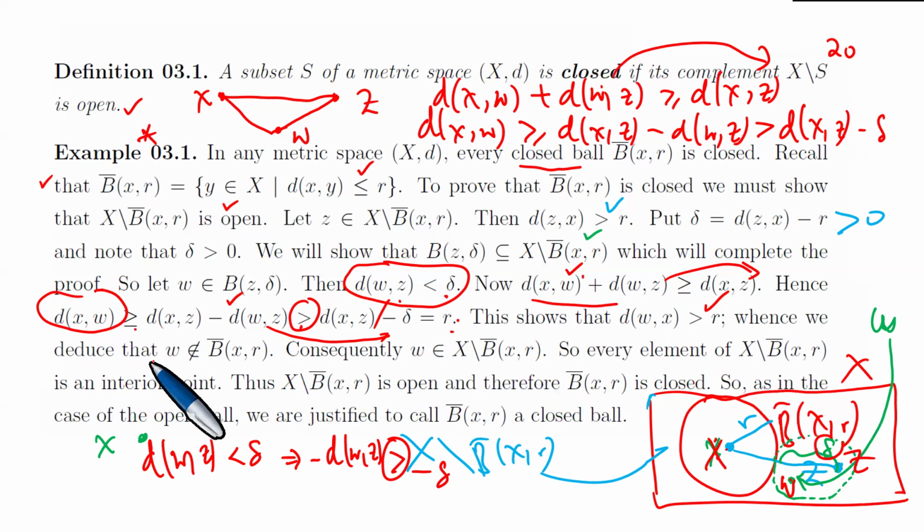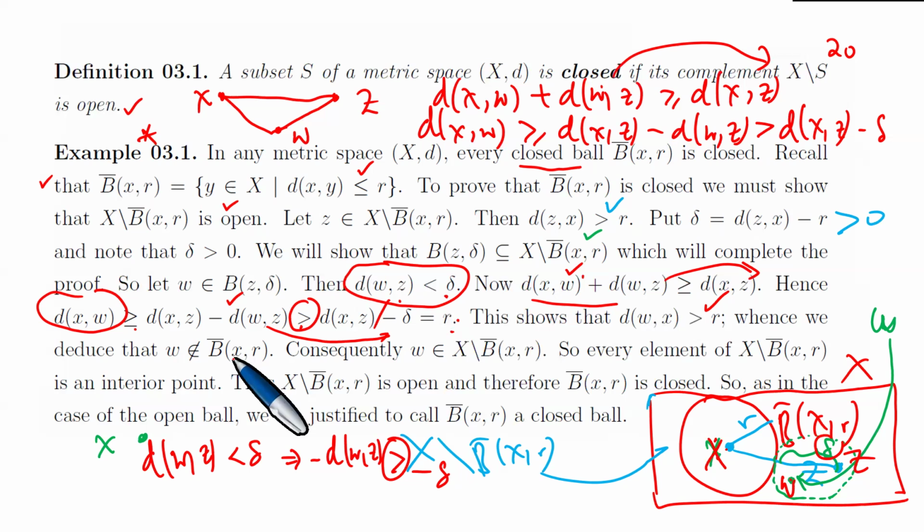Once we deduce that W itself is not an element of the closed ball, we argue therefore that W is not a member of the closed ball. Why would W not be? The closed ball contains what?